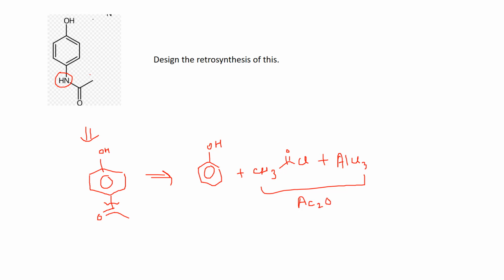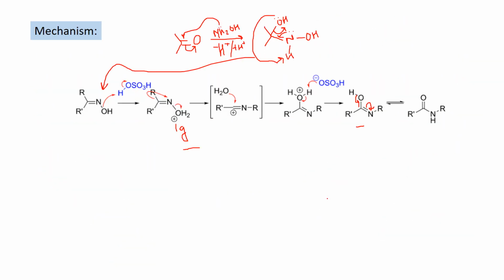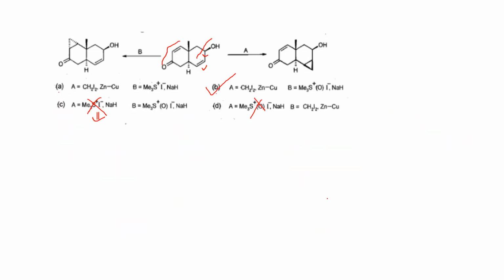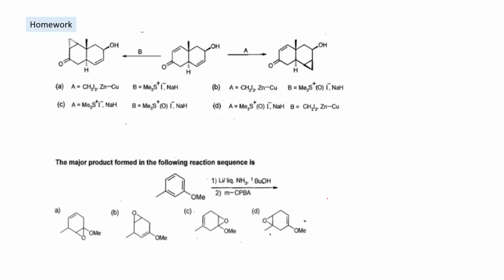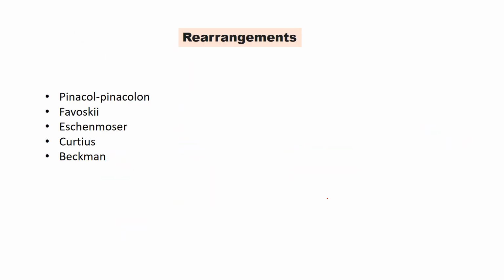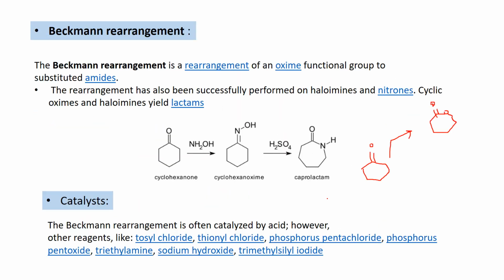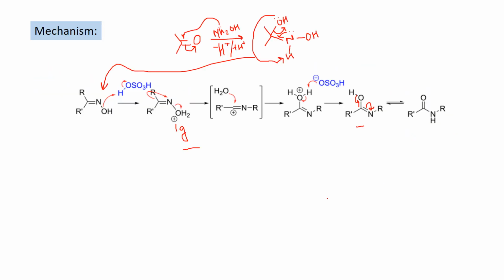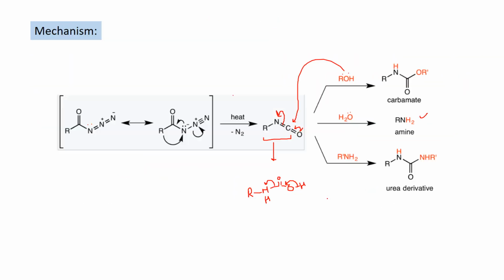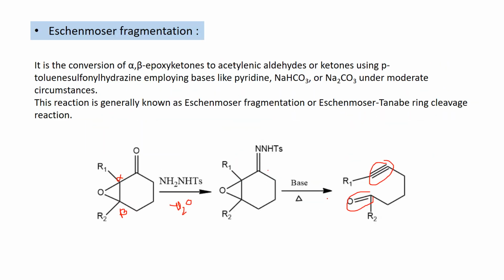Okay, so this much for today's class. I will just give an overview. First we solved some homework which I gave in the last class. Then after that we started discovering some rearrangement reactions. First we started with pinacol rearrangement, then Beckmann rearrangement, Beckmann fragmentation, Curtius rearrangement, Favorskii rearrangement, then at last Eschenmoser fragmentation.